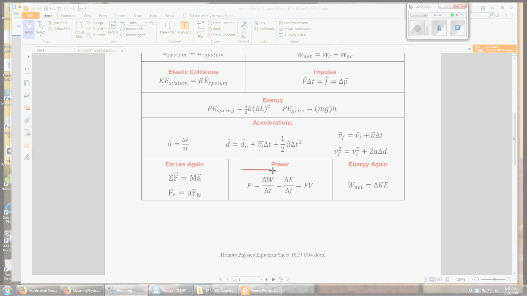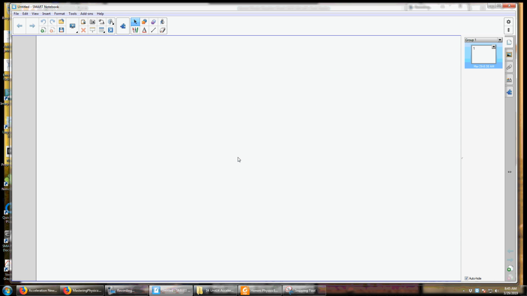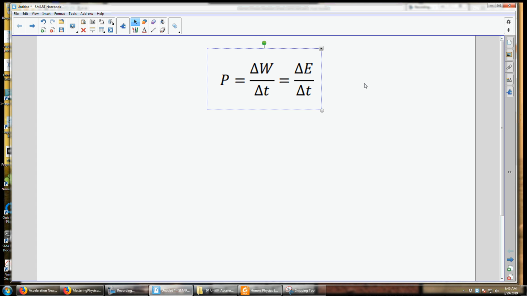I need this equation. So I'm going to use this as I look at this problem. You know, my definition of power is the change in work or the change in energy over the change in time.